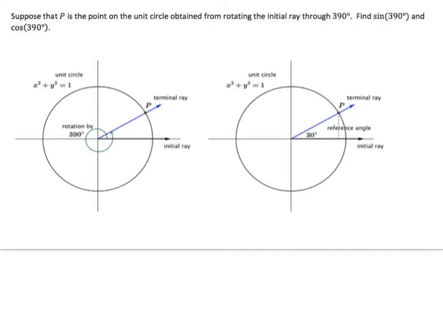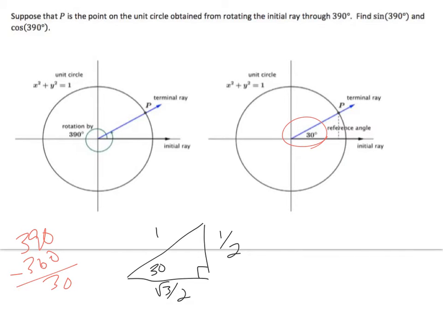Suppose that P is the point on the unit circle obtained from rotating the initial ray through 390 degrees. Find sine of 390 and cosine of 390. So we're taking our initial ray and rotating it 360, and what's left is 390 minus 360, 30 degrees. So that's why we have our reference angle at 30 degrees.